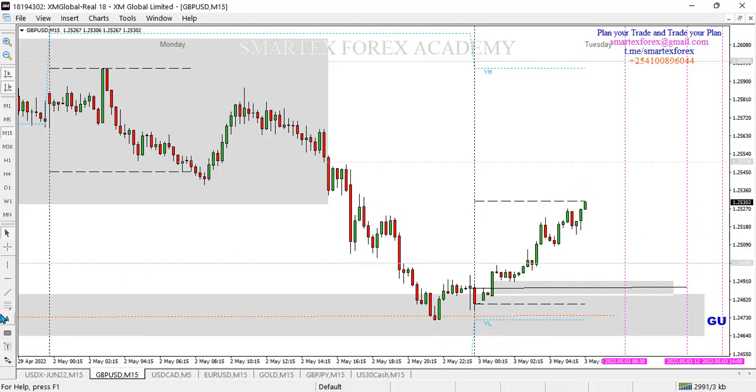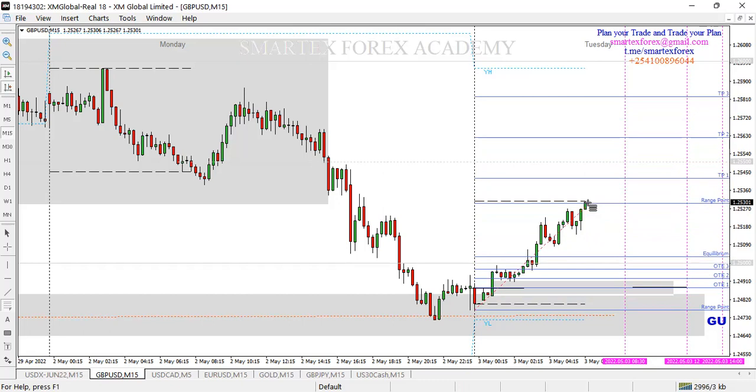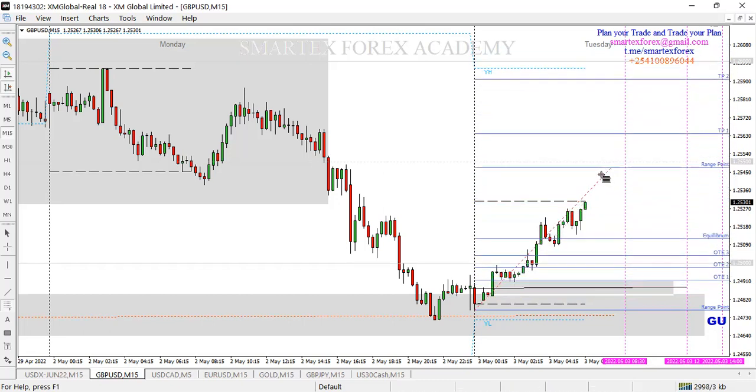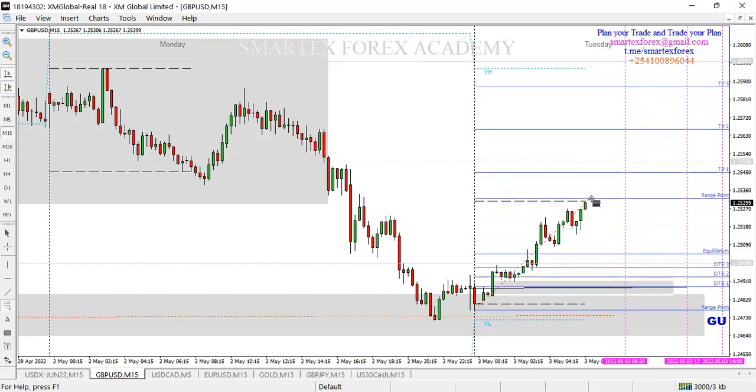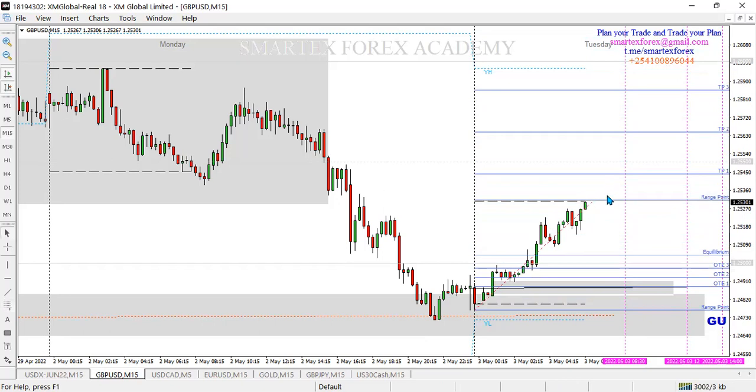So I'll be expecting at least an OTE trade today from this setup. That is, if the price goes above here or returns from here, I'll see where the price will be when it reverses back to seek internal liquidity of this impulse move.